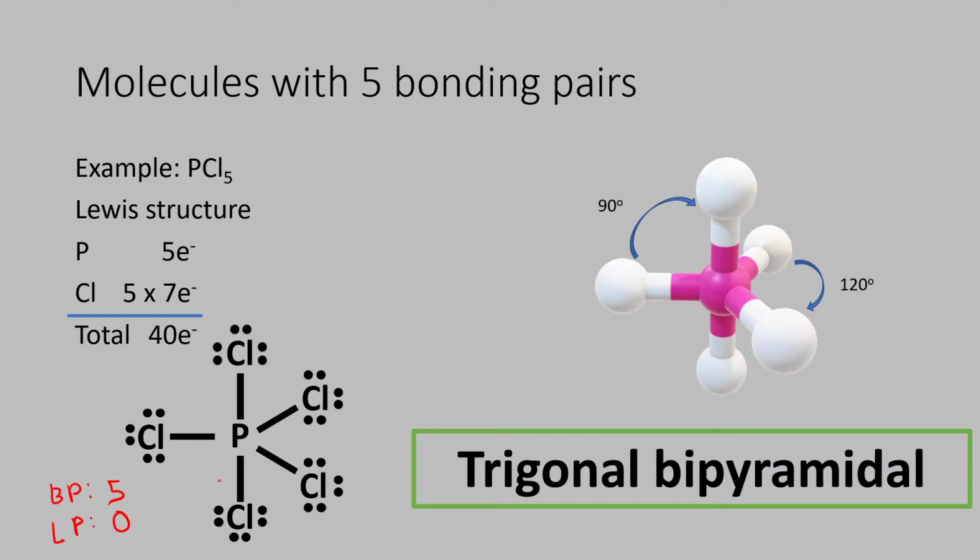Because what dictates your molecular shape is always the central atom only. So form tetrahedral tadi, you nak tambah lagi satu. What's the best way? Now it's called trigonal planar and dia ada dua angles.